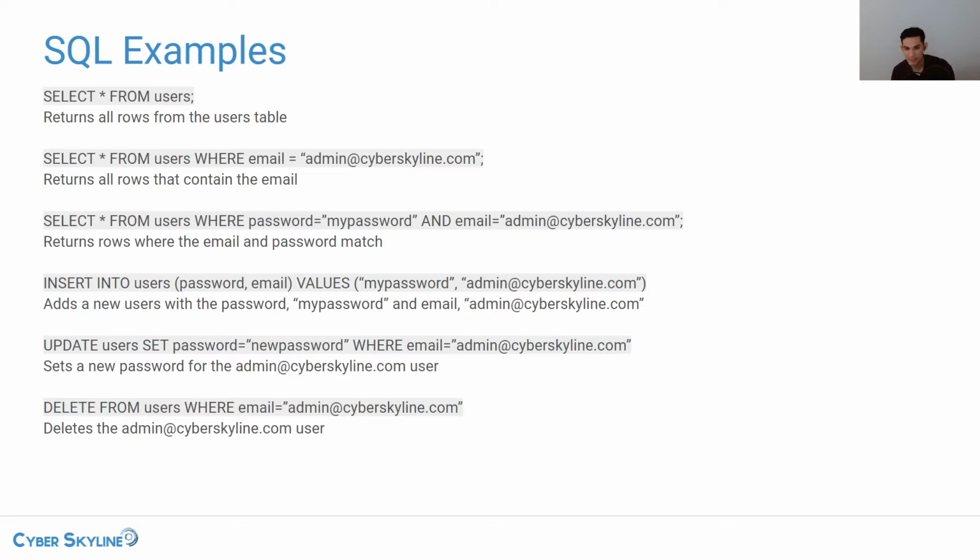In this next example, we have an example of inserting data into the database. And so this is pretty simple. It's just insert into, and then after insert into, you specify which table you want to insert your records into. And so we want to insert into the users table because we want to create a new user.